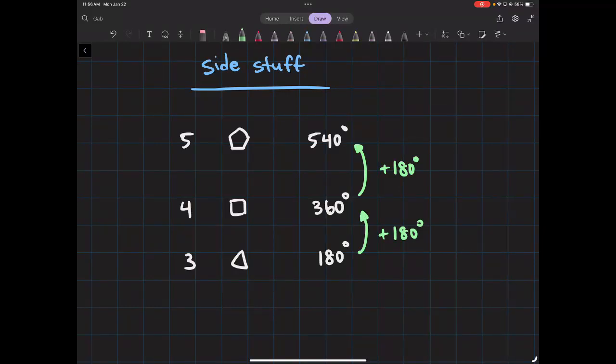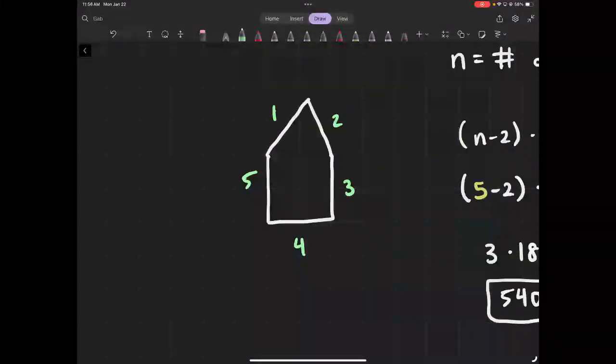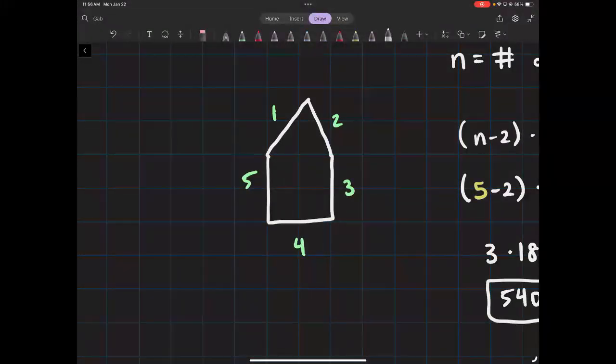So let's look at that idea, right? You guys look over here. You remember how I drew it at first? A square and a triangle. Didn't I add a triangle to the square? If I did that, I made a pentagon, right? But how many triangles are in this pentagon? There should be 3.